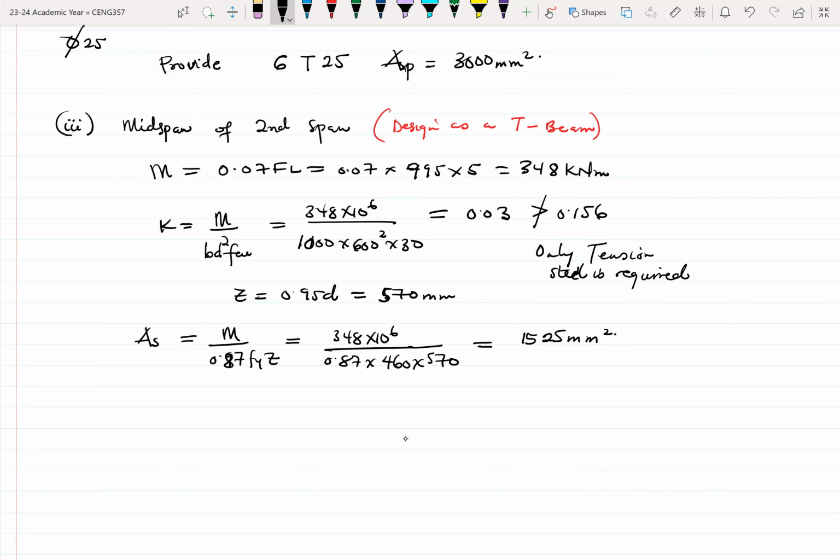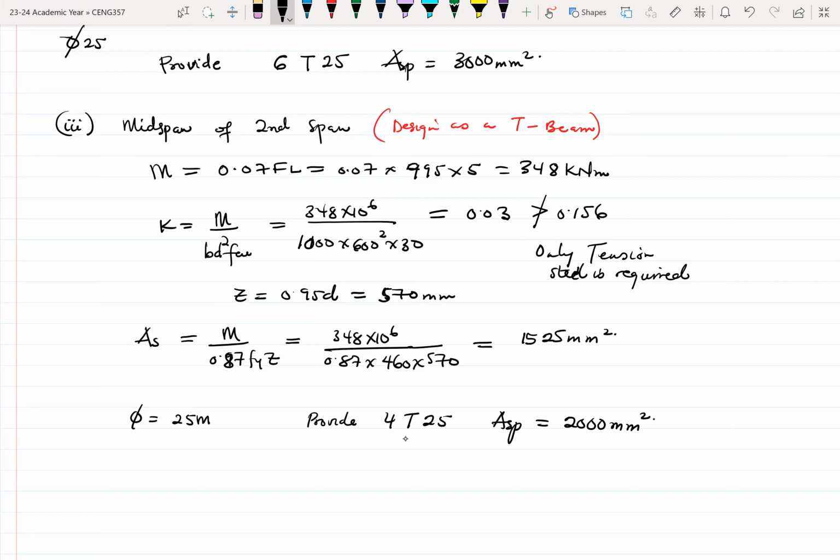Again, let's use a diameter of 25. So we should provide 1525 divided by 500 for the area of one. So provide 3, and 4, sorry. So provide 4T25, and the area of that would be 2000 millimeters squared.